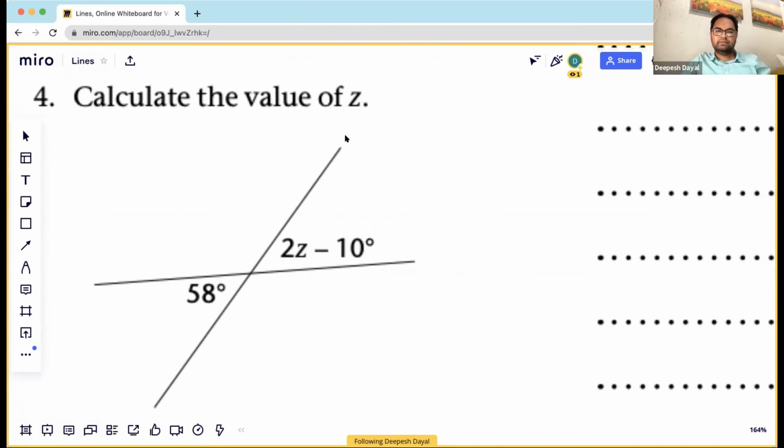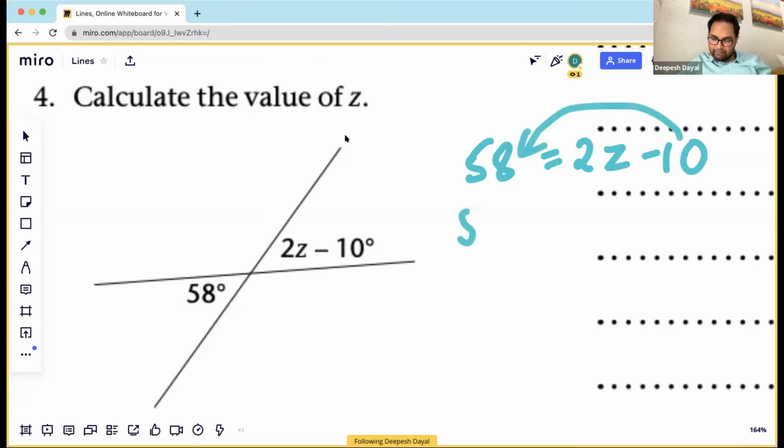Ridwan? Yes, sir. I divided 48 by 2 and then that gave me my answer. Okay, so you said 58 equals 2z minus 10, yes? Yes, sir. But remember when you take this 10 over, Ridwan, doesn't it become 58 plus 10? Because there's a minus here.